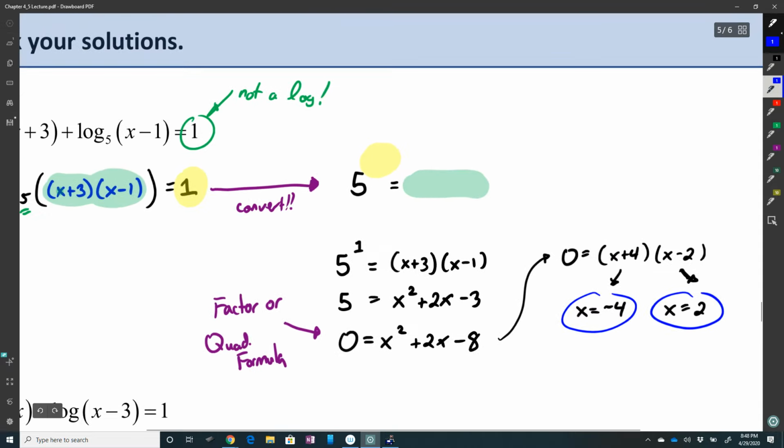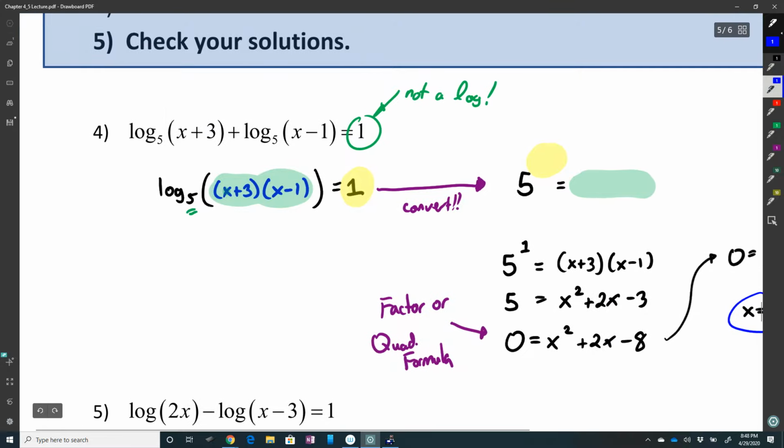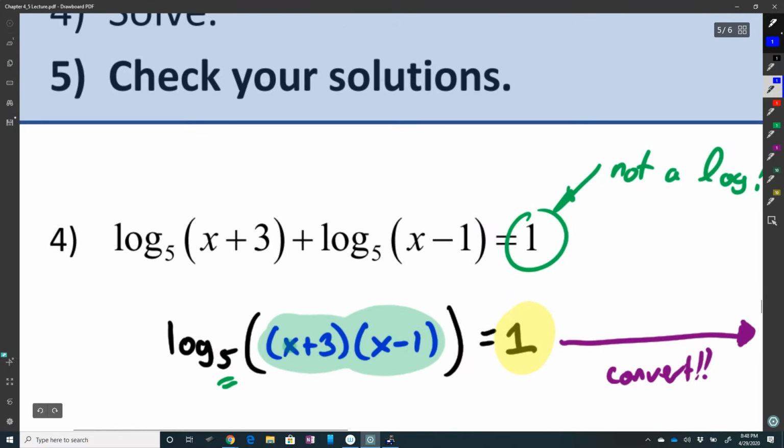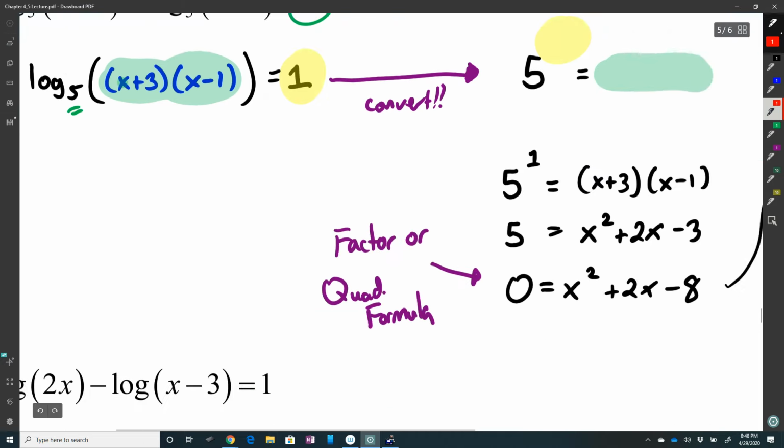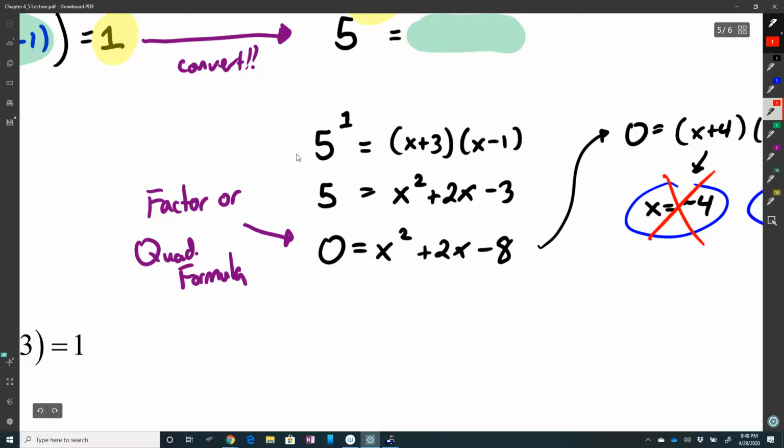Okay, now I got to check. So I go to the beginning, and I mentally plug in a negative 4 here. Is negative 4 plus 3 positive or negative? That's negative. Okay, negative 4 minus 1 is negative. So because of that, this is not a solution.